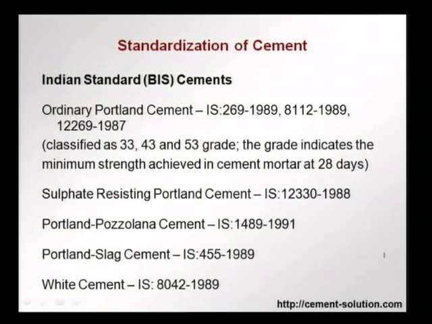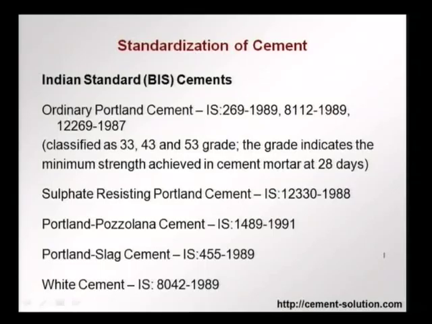Before we go on to the other components of cement, we also have to understand that cement is a standardized product. There are standards in different countries that govern the properties of cement, and this is done to get some sort of a uniformity.